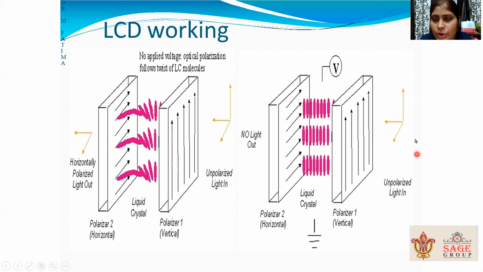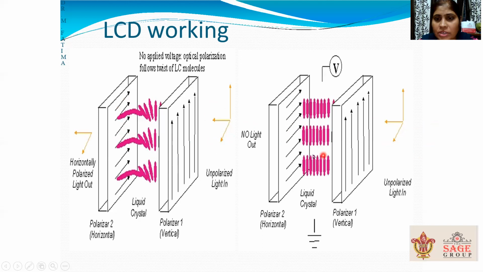So there will be no output here. So this liquid crystal will become opaque. Here the liquid crystal was transparent. The light passing through this liquid crystal can pass through the polarizer, and it is possible to display the image or text present on the screen.